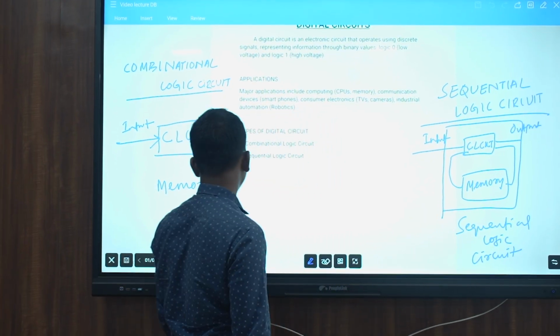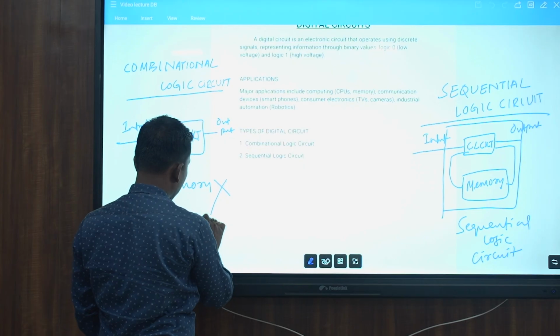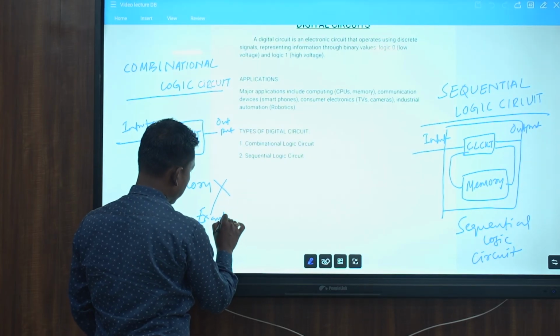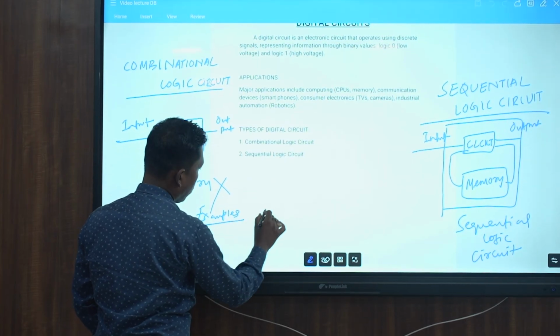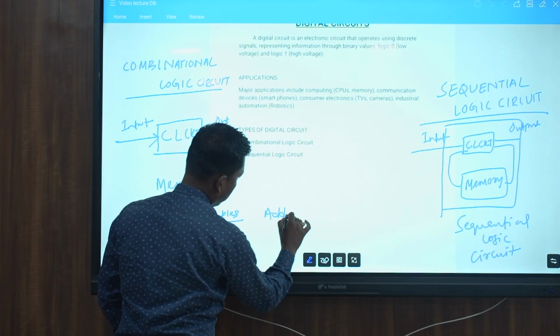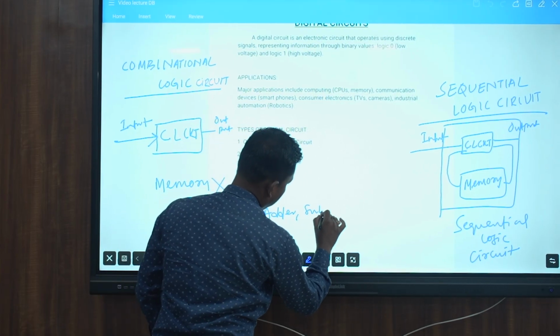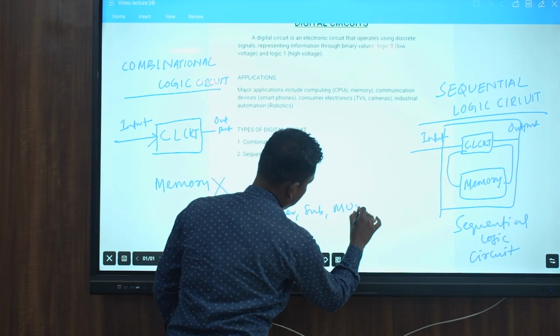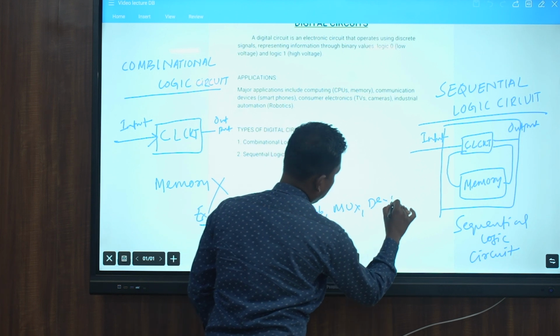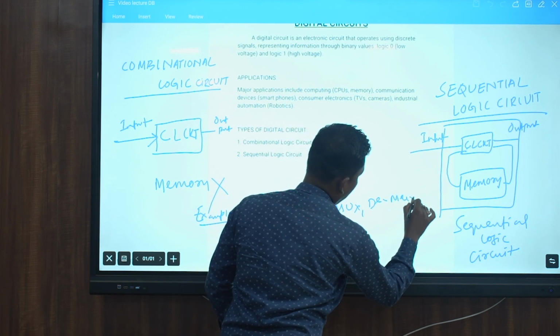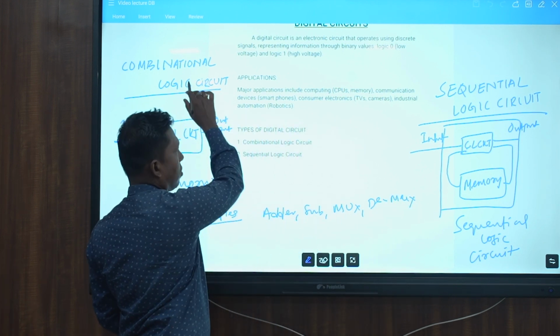So what are the examples of combinational logic circuits? The examples are adder, subtractor, multiplexer, and demultiplexer. These are the examples of combinational logic circuits.